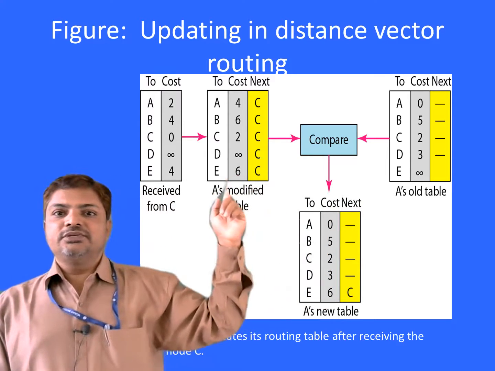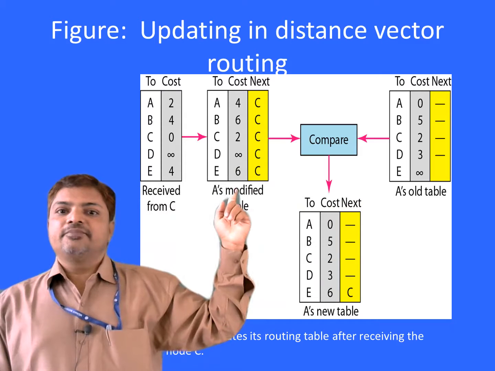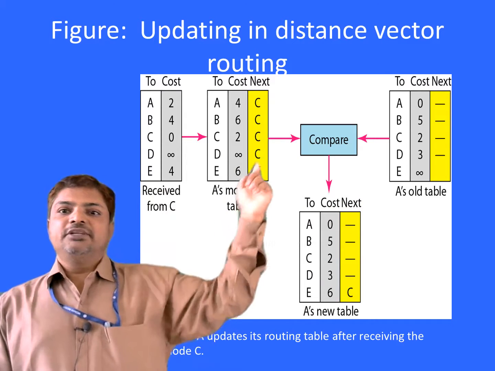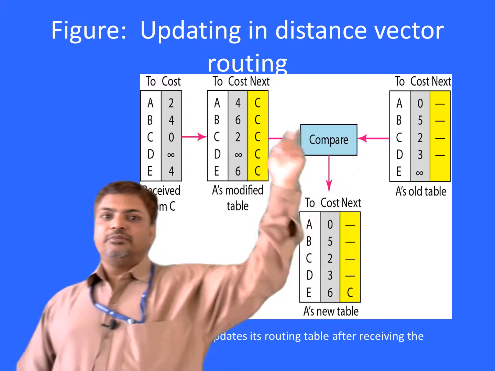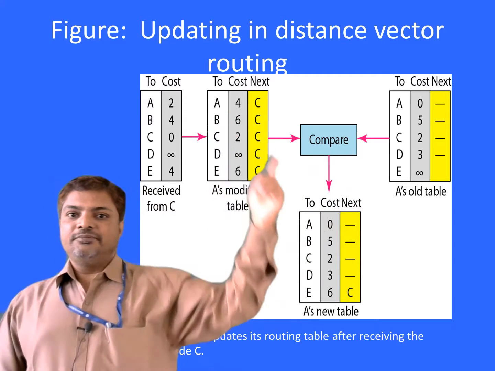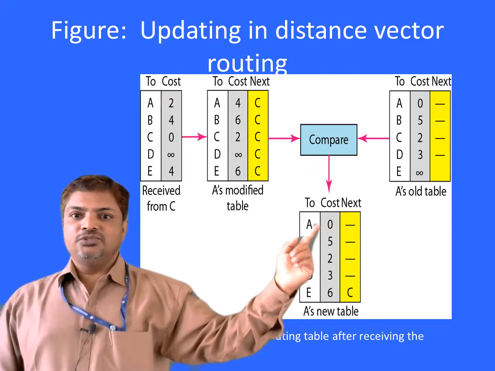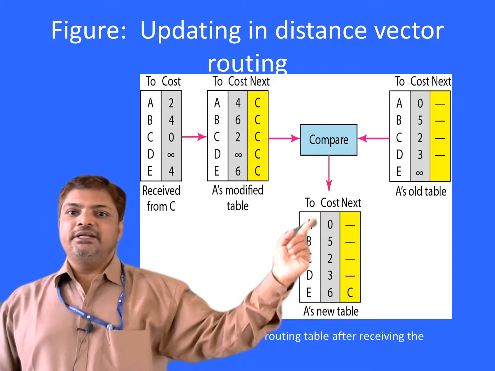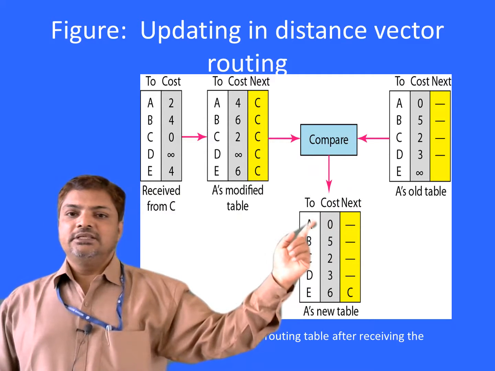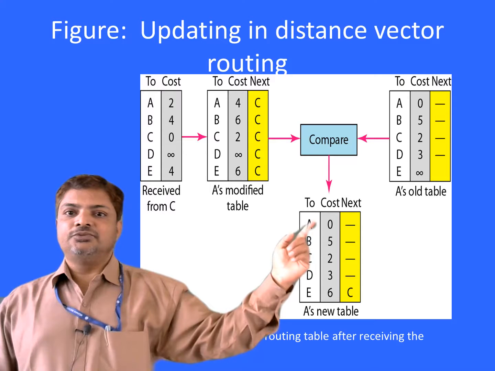Now the cost to reach A from A, the minimum cost is 0. Here it is 0, but here it is 4. So the minimum cost is kept. A to A is 0, untouched.